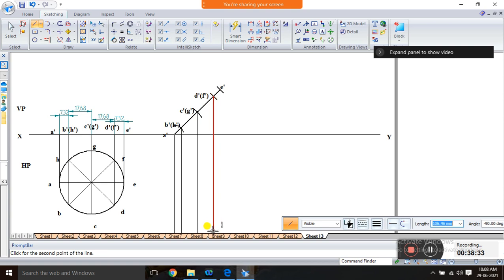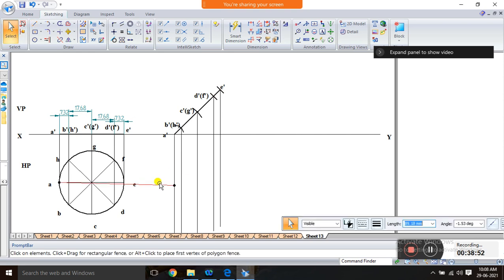So like this you have to draw all the vertical lines. And then A, horizontal one, A up to A, it should be exactly horizontal.